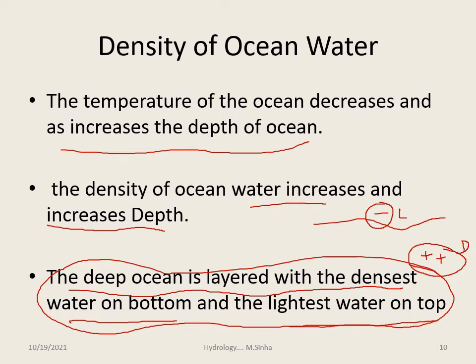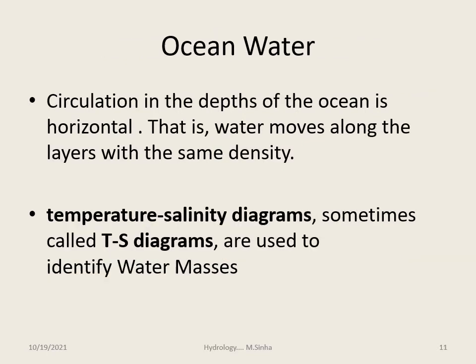Salinity, temperature and density are interconnected and interrelated. Those are very important attributes in ocean currents and the formation of ocean water masses.